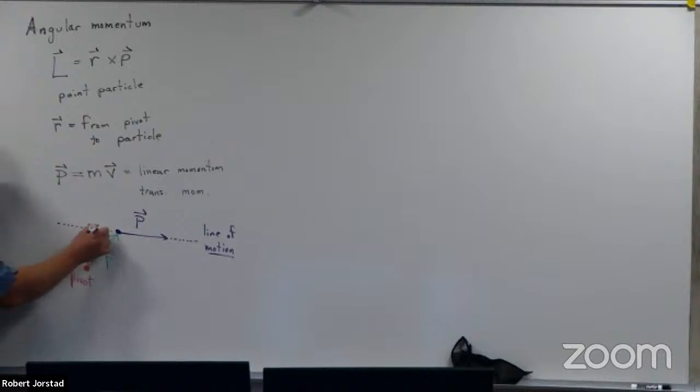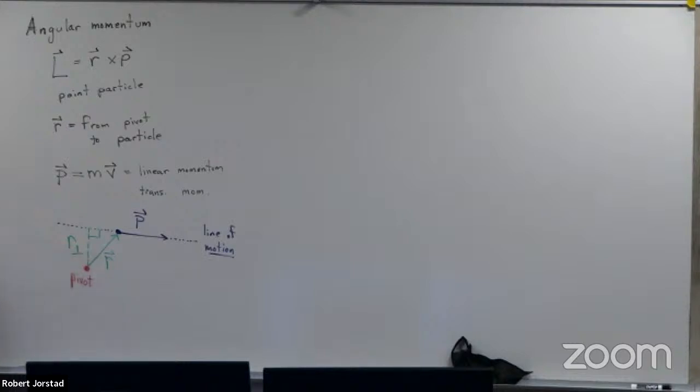So there's a right angle. That's what I mean by perpendicular bisector. I draw a line from the pivot to the line of motion, which intersects it at a right angle. That's the perpendicular bisector. This side is called R perpendicular.